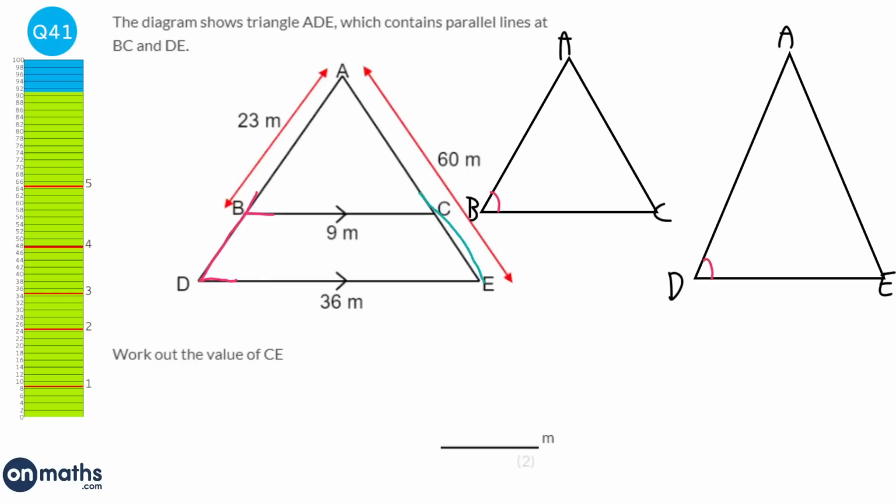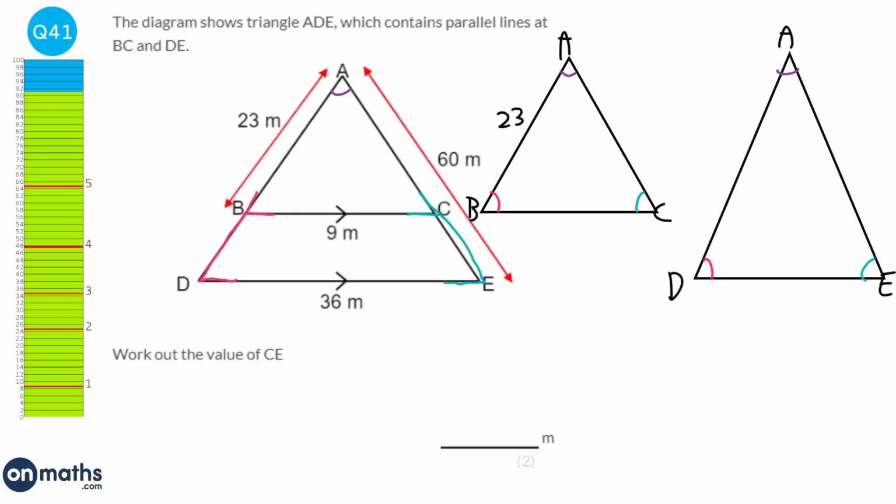We've got exactly the same thing on this side, we've got F angles, so these two are corresponding, and then the top angle is shared between the two triangles. And when you've got two triangles with exactly the same angles, they are going to be similar, which means one's an enlargement of the other.